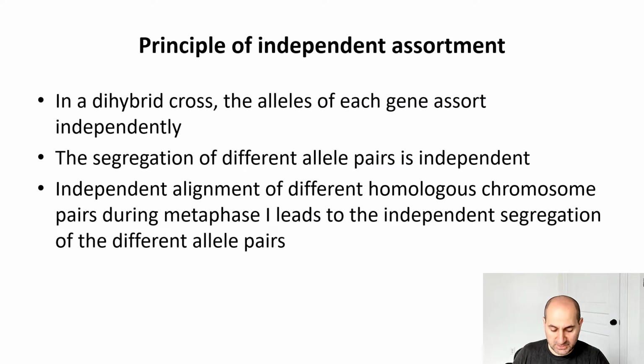What else do I want you to know about the dihybrid cross? That is the principle of independent assortment. The dihybrid cross taught us the principle of independent assortment. And this means that alleles of each gene assort independently of one another.